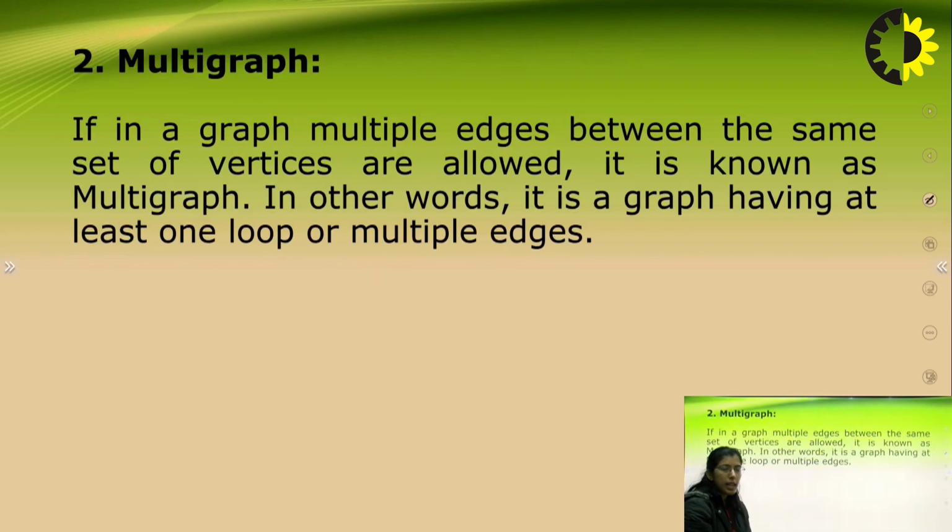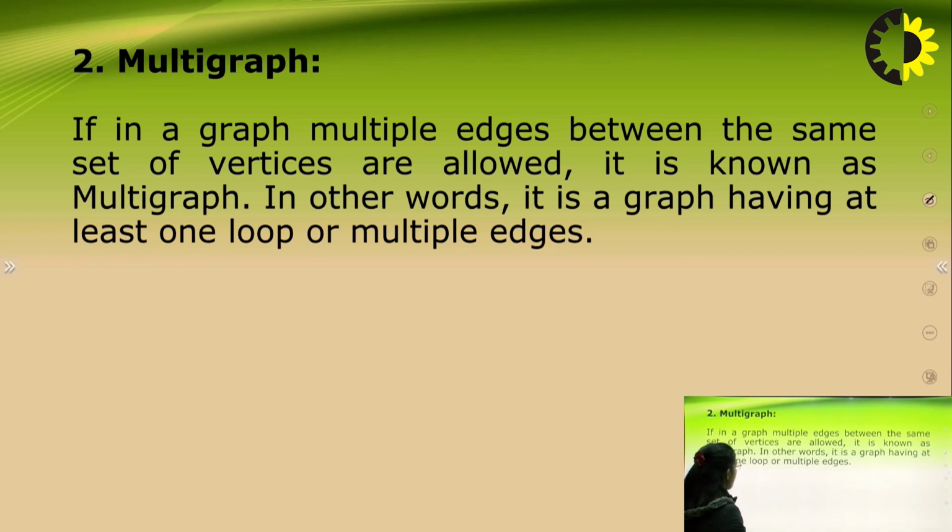Moving on to the second type, which is a multigraph. If in a graph, multiple edges between the same set of vertices are allowed, it is known as a multigraph. In other words, if a graph has at least one loop or multiple edges, then that graph is known as a multigraph.